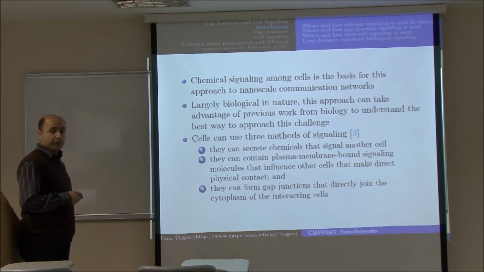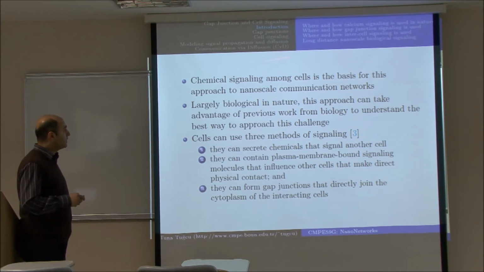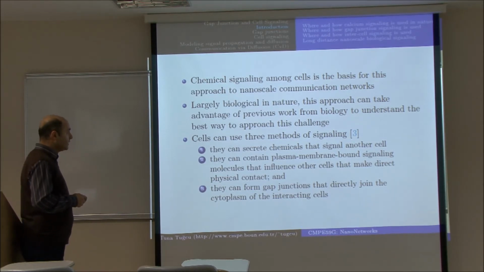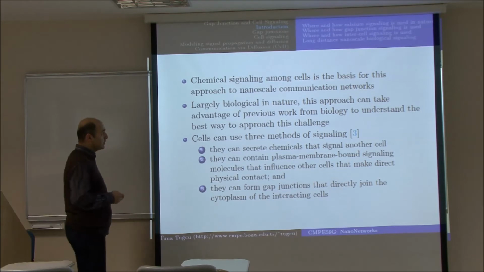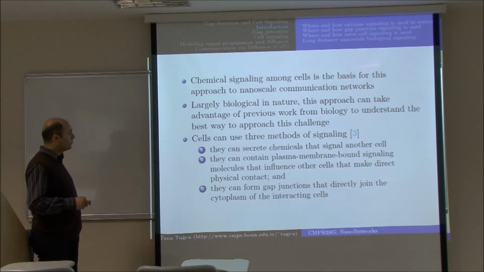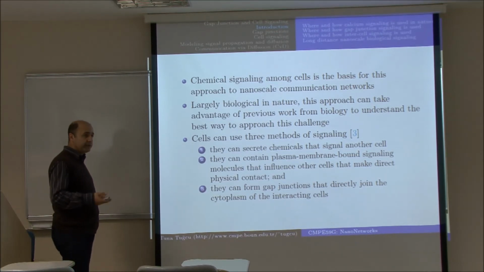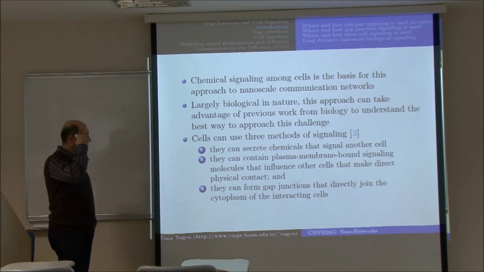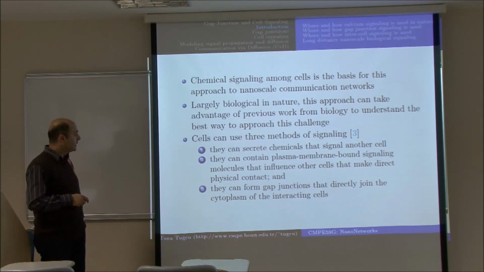Chemical signaling among these cells is the basis of this approach. This is largely biological in nature, and this approach can take advantage of previous work from biology to understand the best way to approach this challenge.